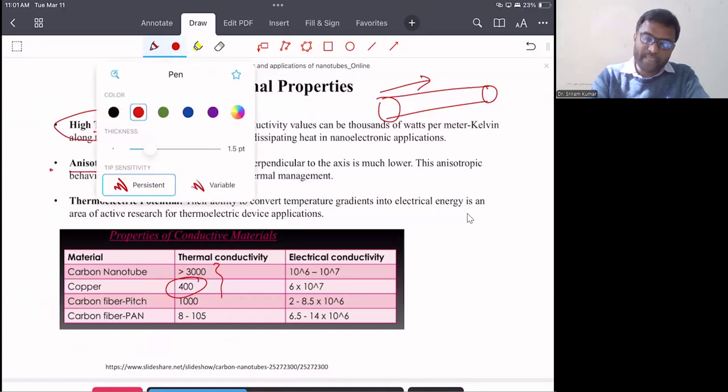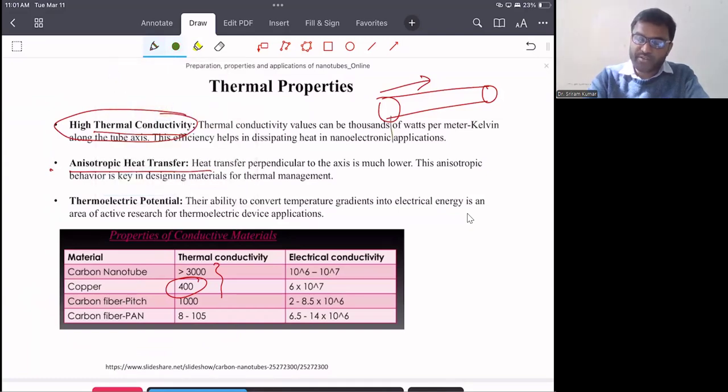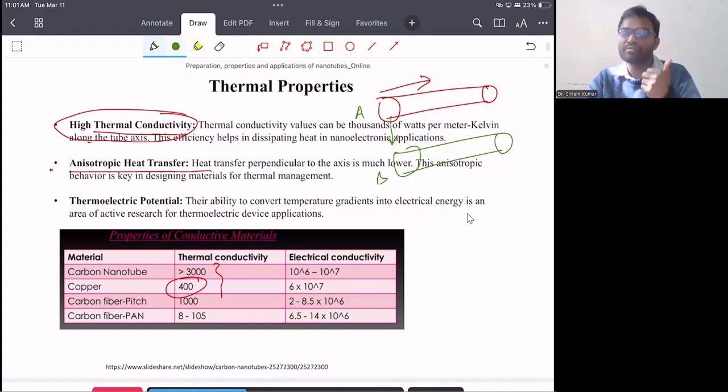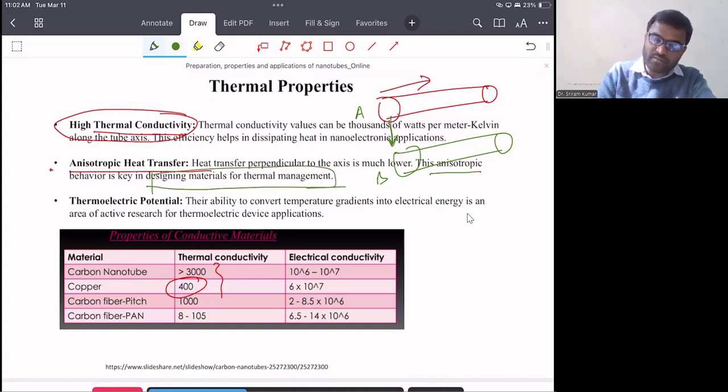But thinking about the thermal conductivity, if we have a second CNT here, what is the heat transferred from CNT A to CNT B? There is very poor thermal conductivity perpendicular to this axis, toward the second CNT. So the heat transfer from CNT A to CNT B is very, very poor, very, very low, and that makes it possible to use this kind of material to design thermal management.